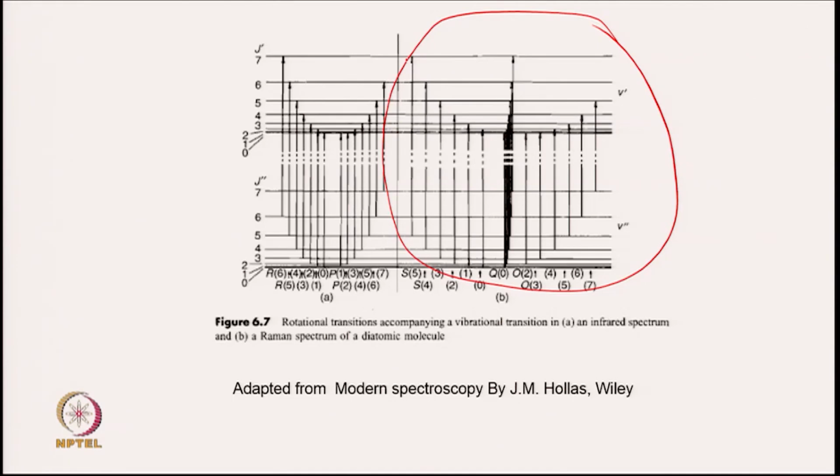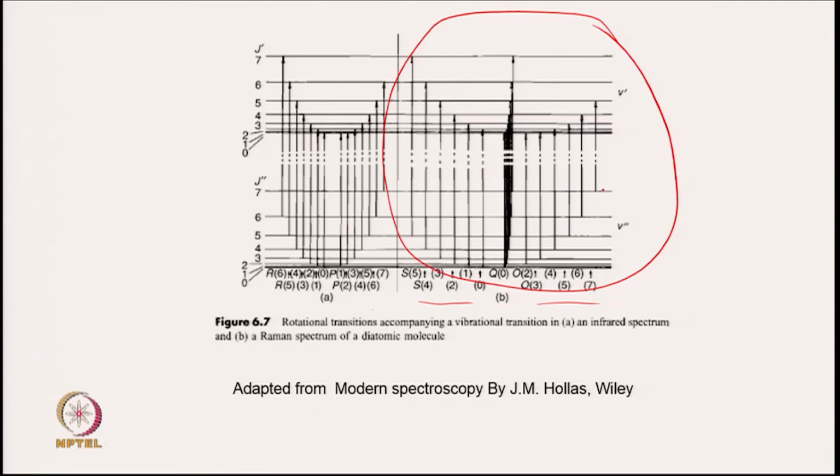Raman, and this can be of three types, what is known as S, Q and O. This is your S type, this is Q, and this is O. You see here in S you are going from 5 to 7, so delta J is plus 2.